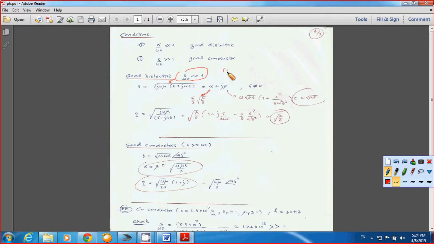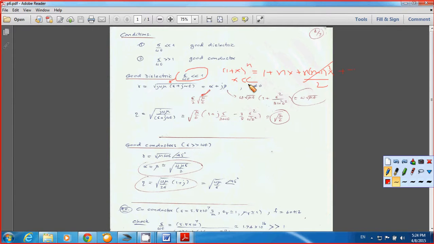And actually it looks something like (1 plus x) to the power of n, and if x is much less than 1, you can expand this to be 1 plus n x plus n times (n minus 1) x squared over 2. But since the x in this one is much less than 1, you can ignore this term.